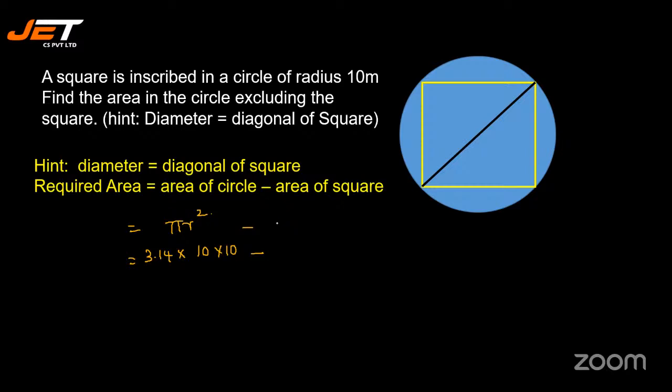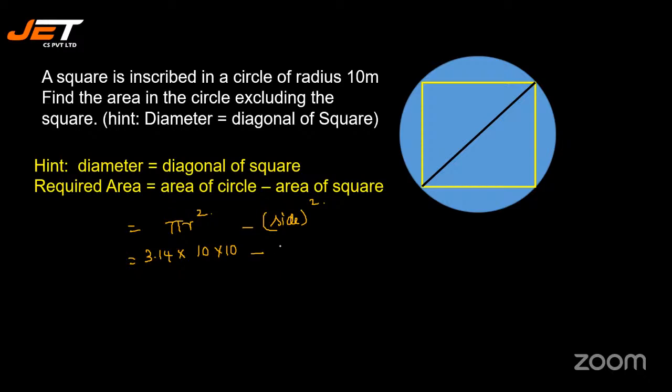So what is area of the square here? It is side the whole square, right? So here they say diameter is nothing but the diagonal of the square. So here diameter is nothing but twice of the radius. So in square, the diagonal and all the sides are equal.